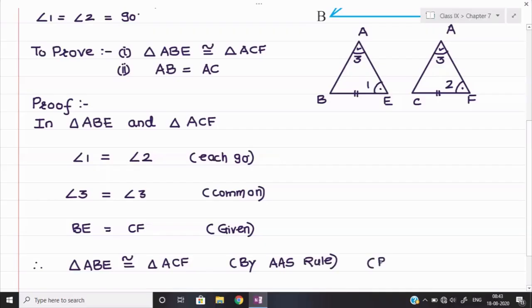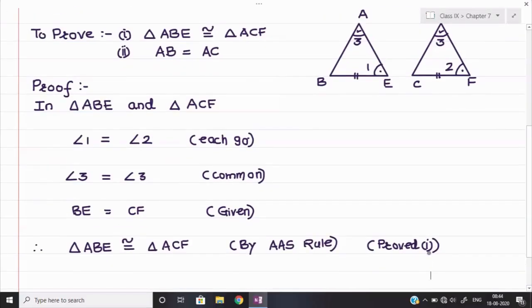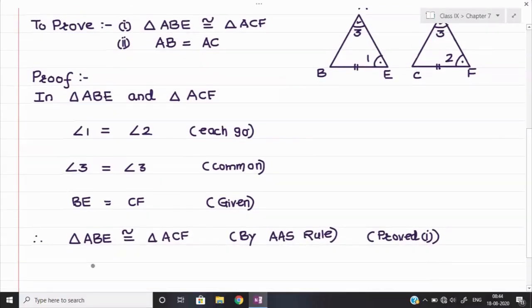And here we can write down proved first part. Now I can say first part got over, and I know that if two triangles are congruent, their remaining corresponding parts will also be equal.